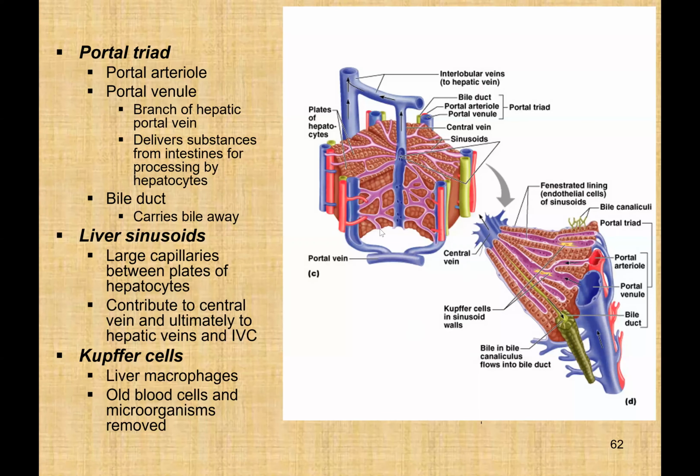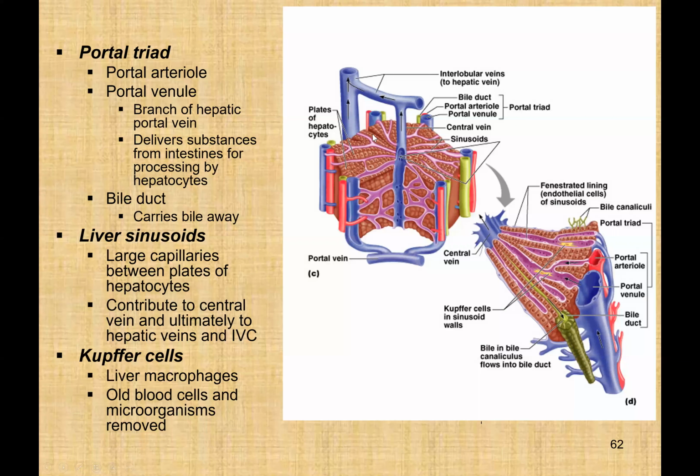So this is just showing us the portal triad, which is made up of the hepatic portal vein, the hepatic artery, and then the hepatic duct, which will send on the information through the canaliculus.